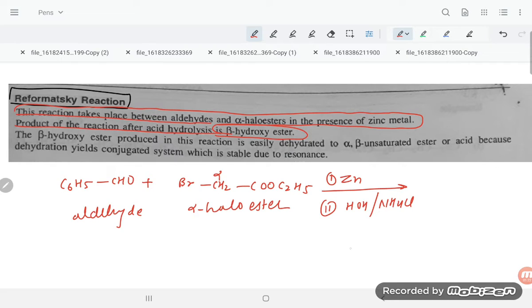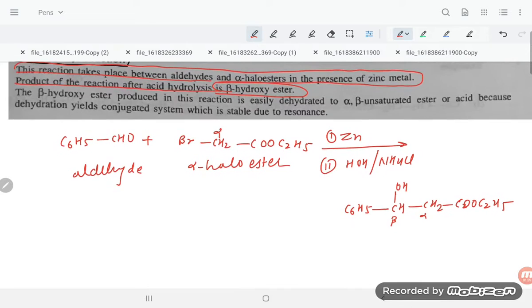That is C6H5, CH, here will be OH, and here CH2COOC2H5. So this is alpha, this is beta. So a beta hydroxy ester is getting formed.